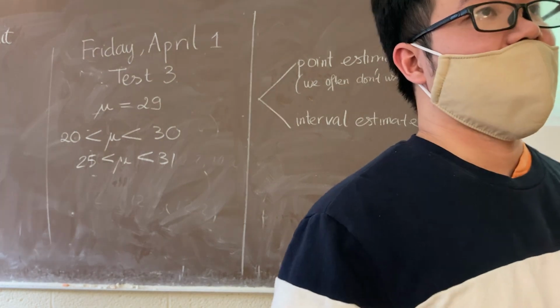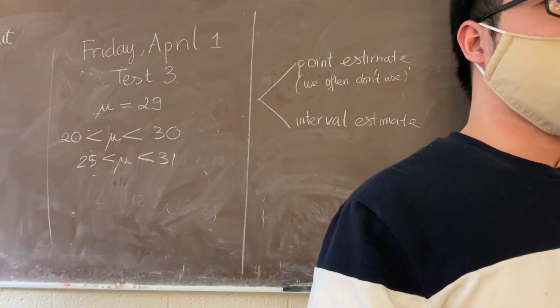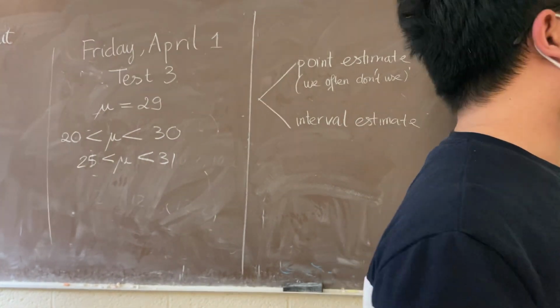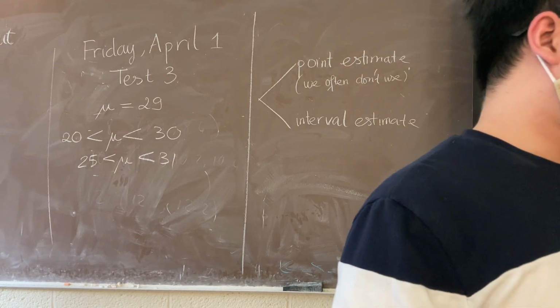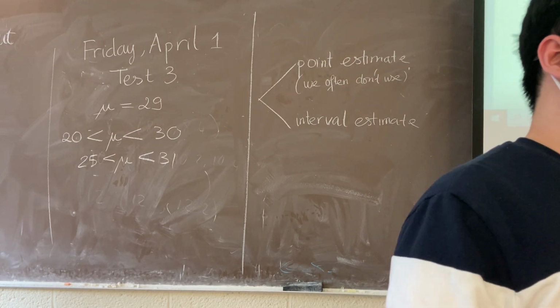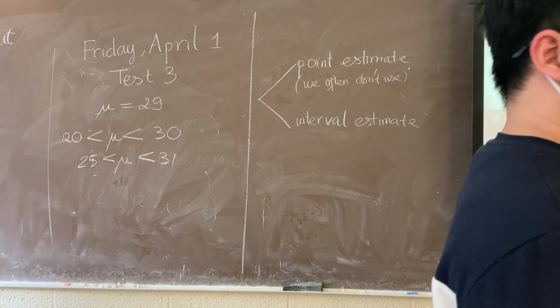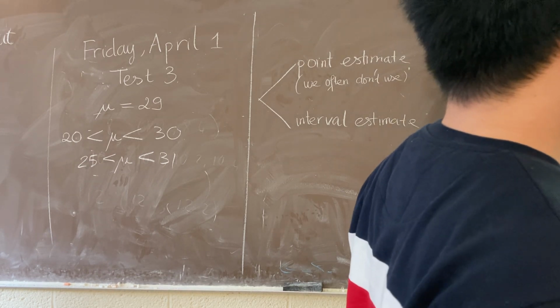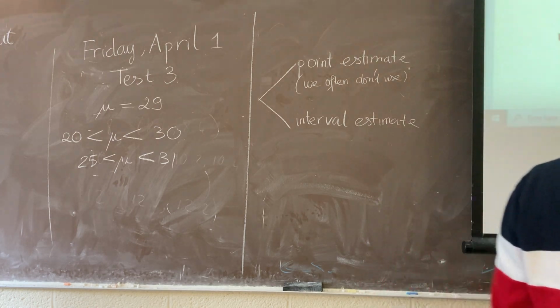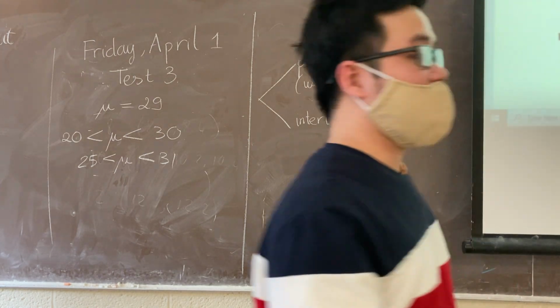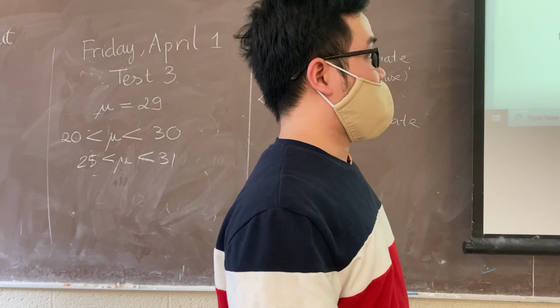If the sample size is very small, like 10 or 20 people, you cannot apply this method. If you don't have the sample size like this, the population distribution must be approximately normal.